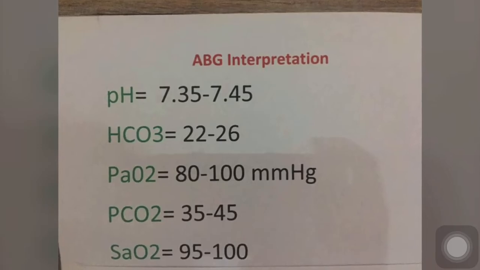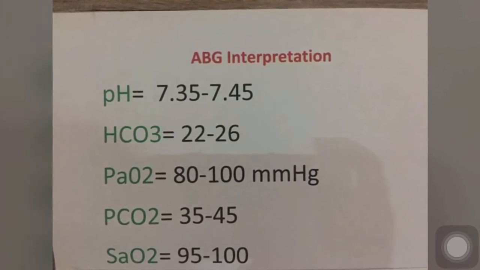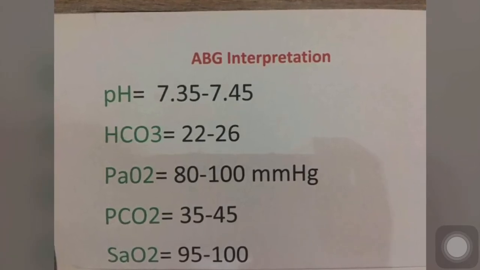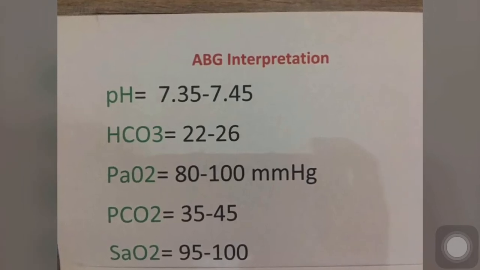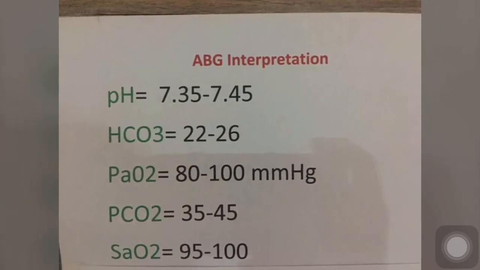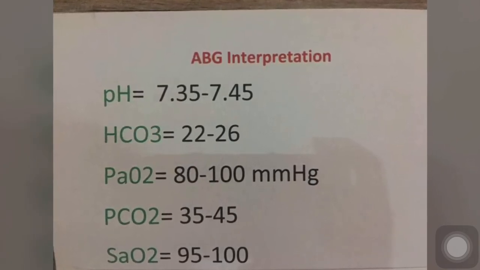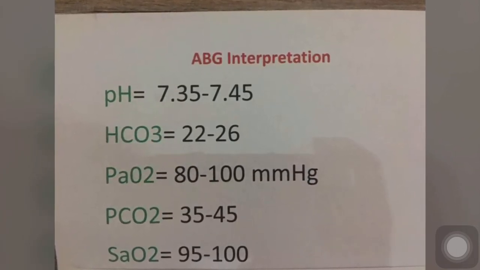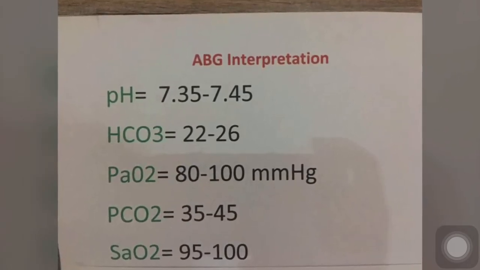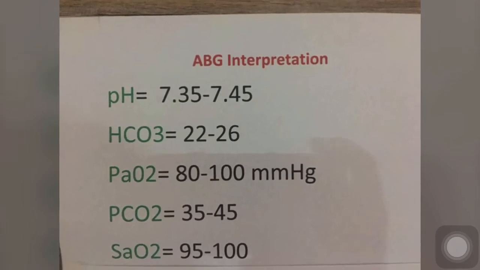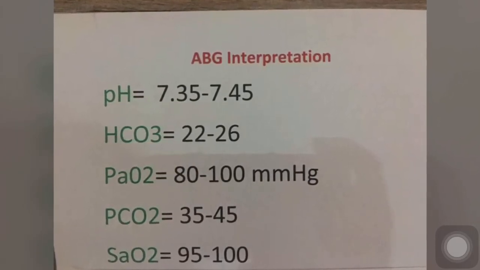During that review, I learned that if we look at the pH and the HCO3 or bicarbonate, and both of them are in the same direction, both increased or both decreased, it is always metabolic.